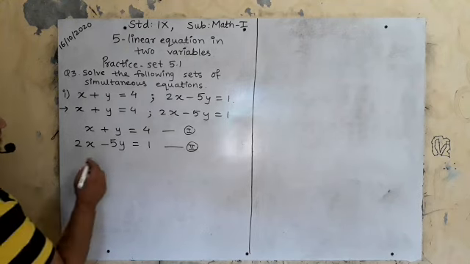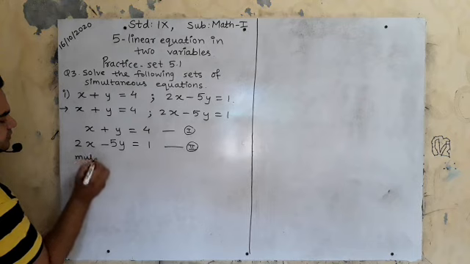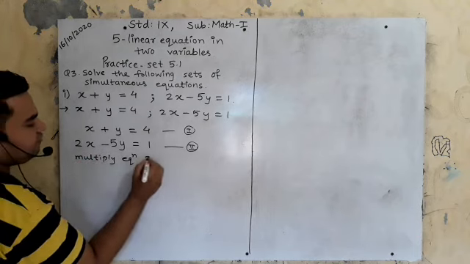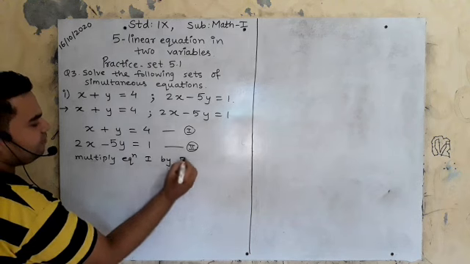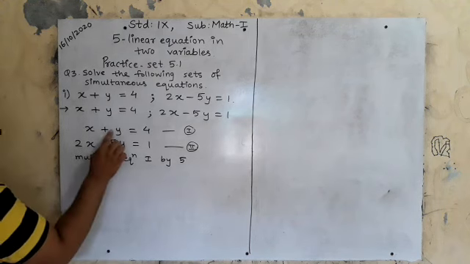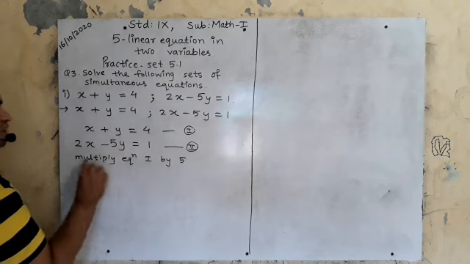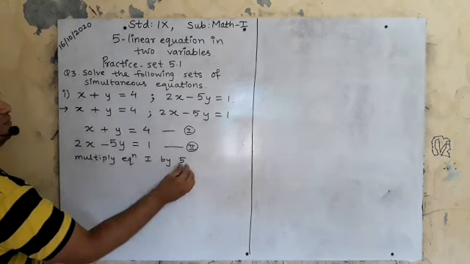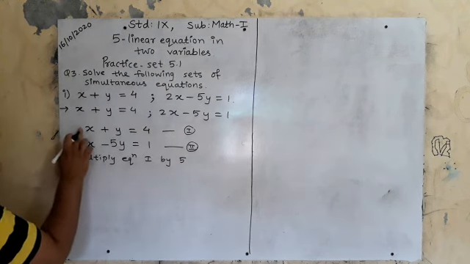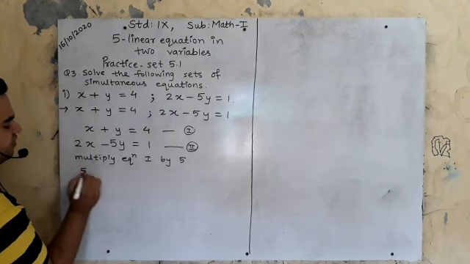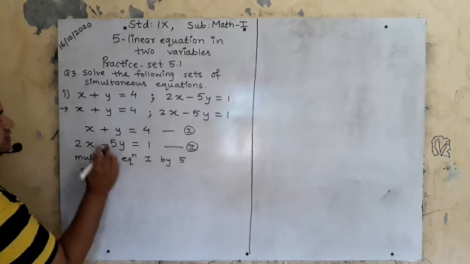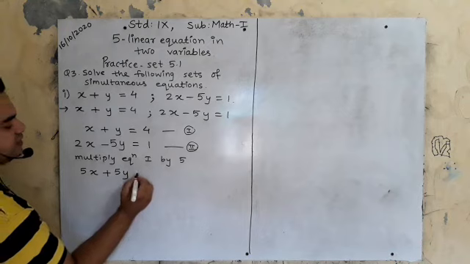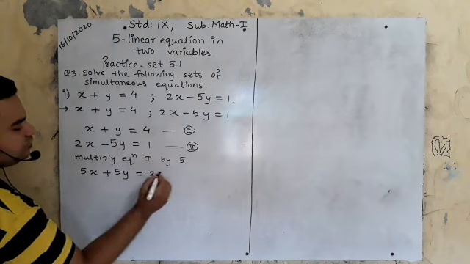So what I will do, I will write: multiply equation first by 5. It means I want 5 here. So you will multiply the whole equation by 5. 5 ones are 5x plus 5 ones are 5y, equals 5 fours are 20.